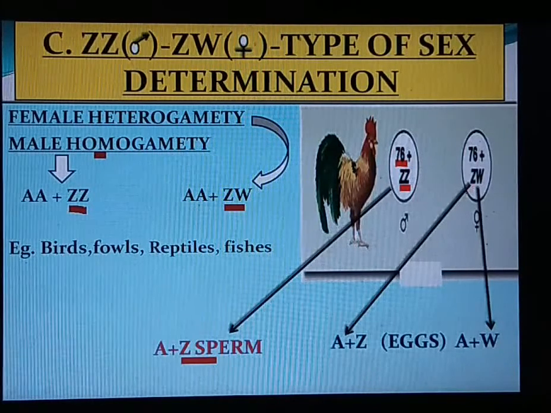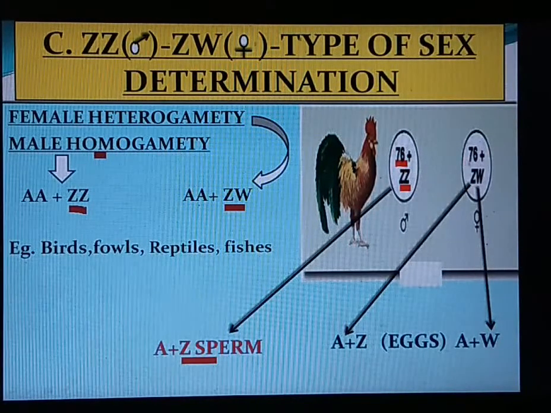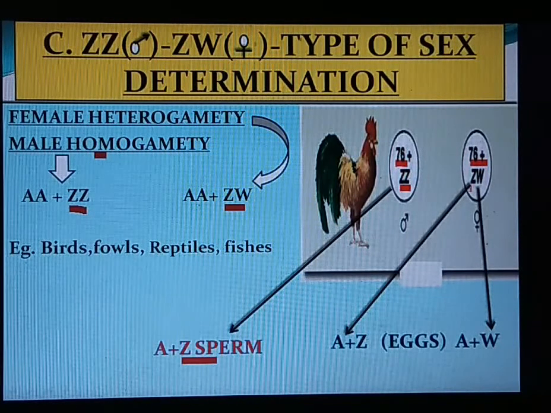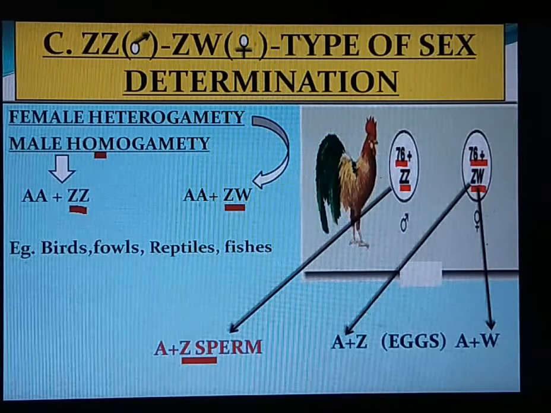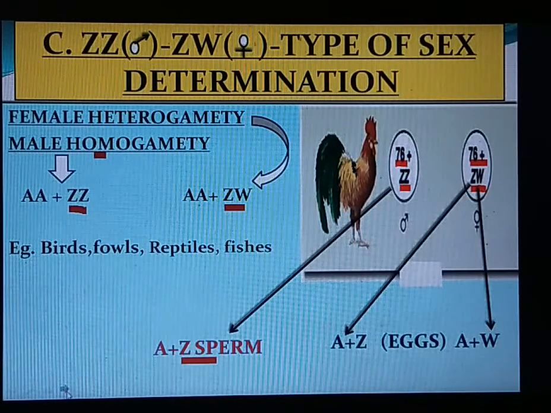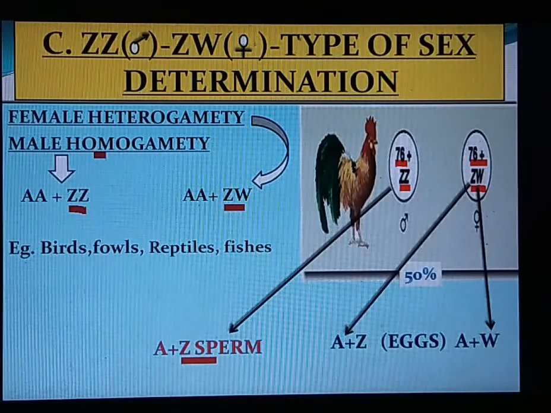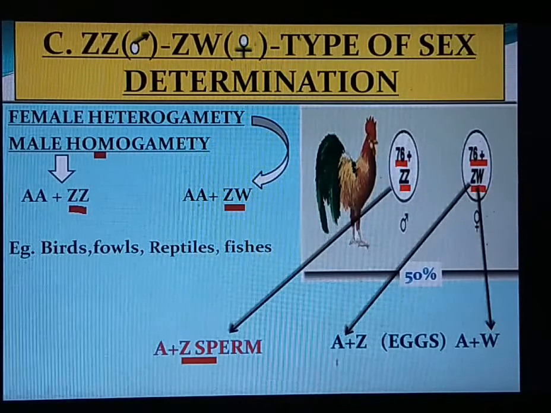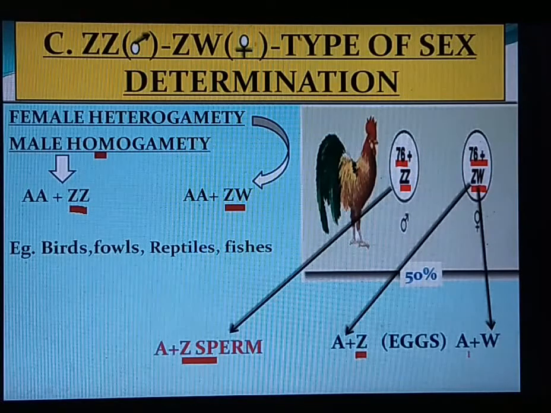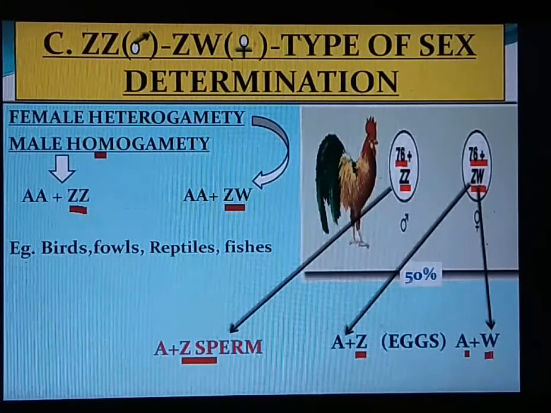Whereas in females there are 76 autosomal chromosomes and dissimilar kinds of sex chromosomes, that is ZW. So definitely they will produce two different kinds of gametes: 50% of eggs will have autosomes with the Z chromosome and the other 50% of eggs will have autosomes with the W sex chromosome.